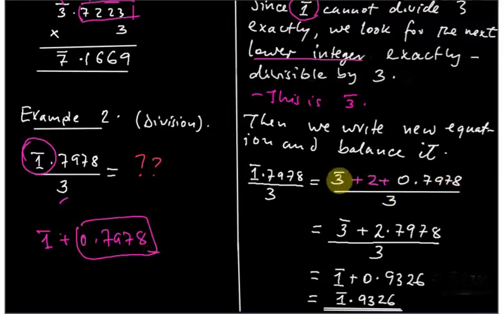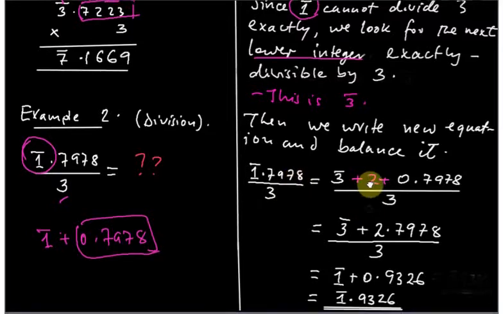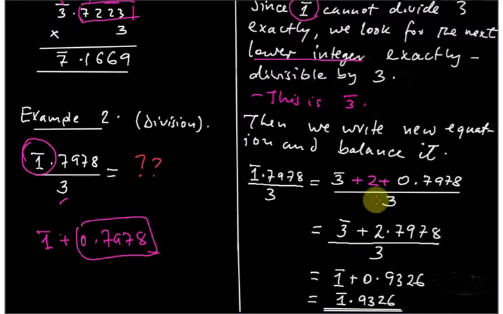Bar 3 is a lower integer than bar 1. Now bar 3 plus 2 gives me bar 1, but I don't add this because when I add this I'll end up again here and it will be meaningless. So when I combine here, this 2 balances everything. That's why I said we have to balance it. It balances everything, it returns it to here.